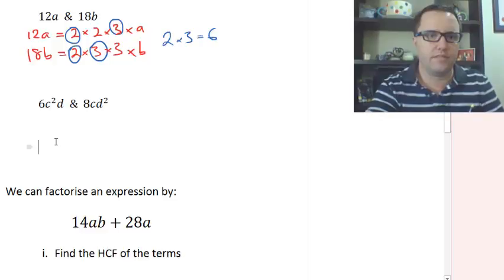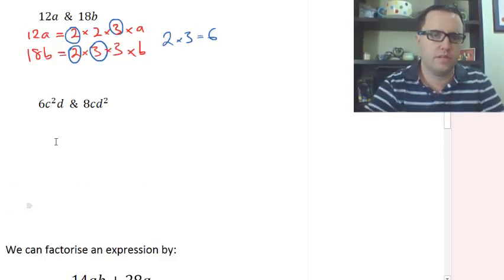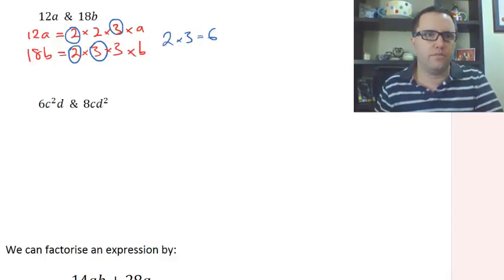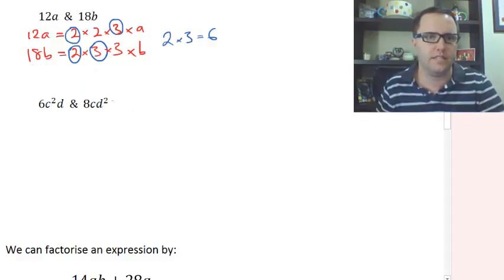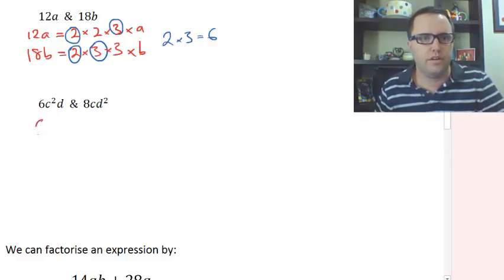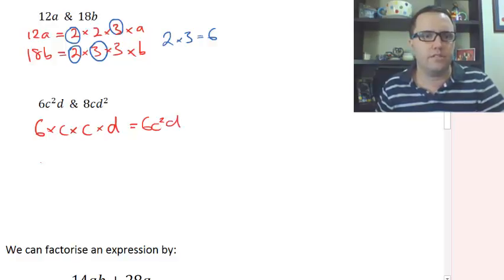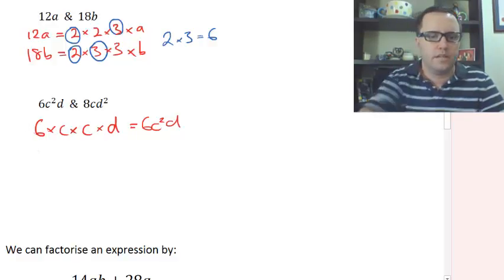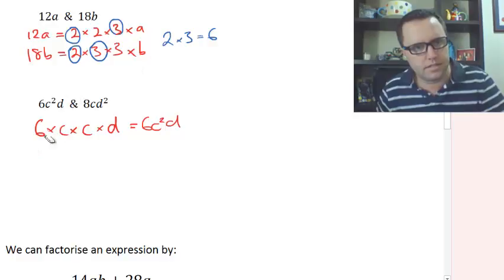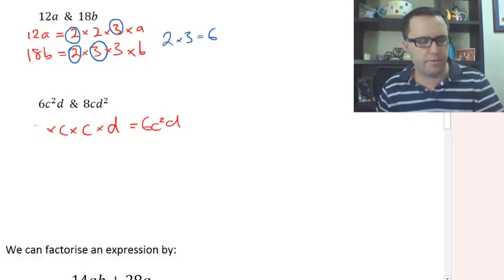Now we have this last one here. I'll give myself a little bit more room. So we've got 6c squared d and 8cd squared. Remember, c squared is c times c. You can prime that out a bit more.